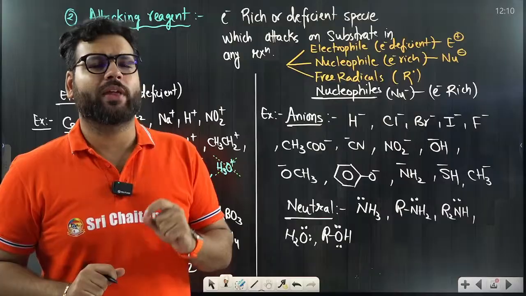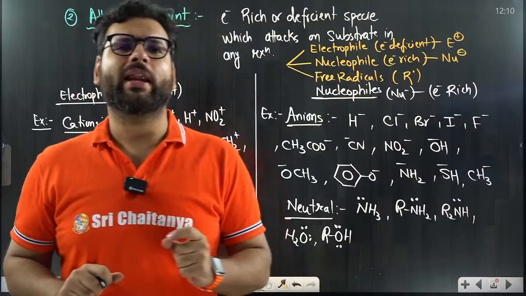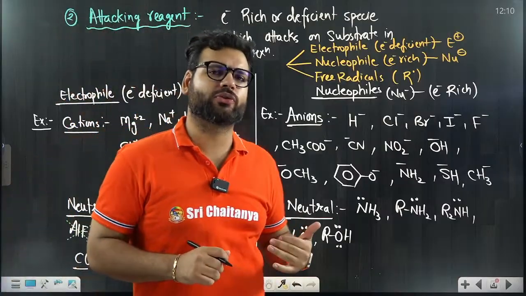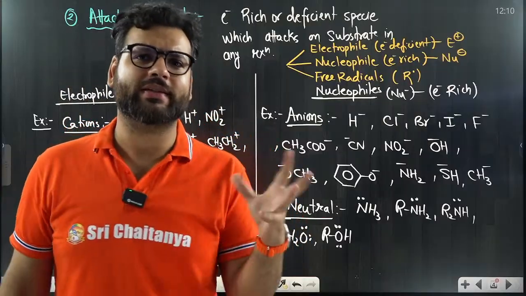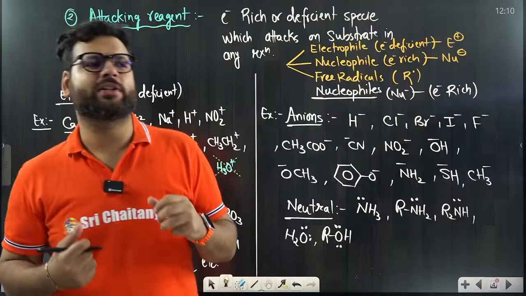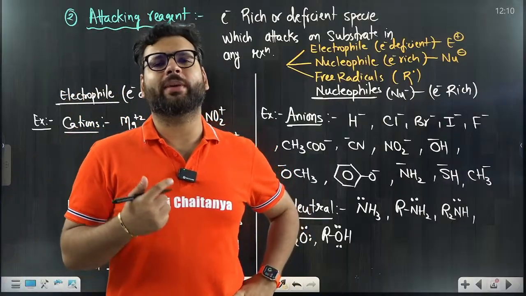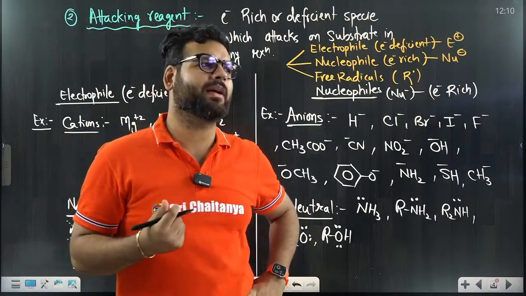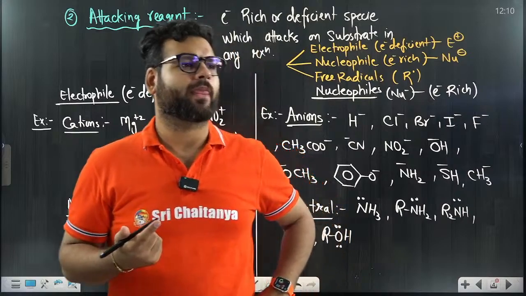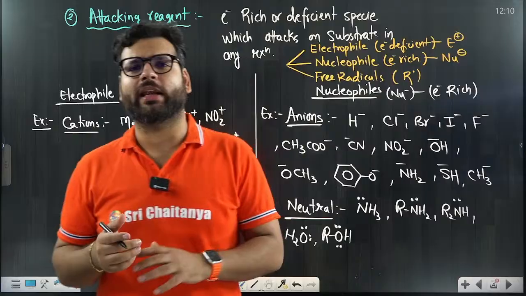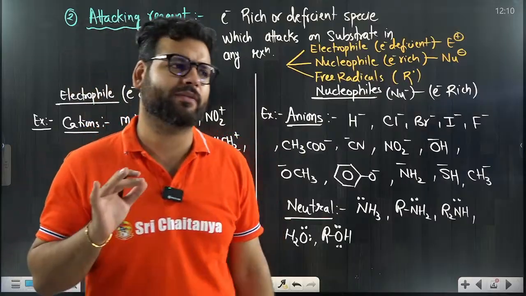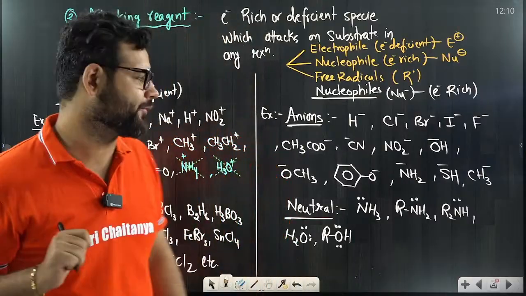Now, there are a few species which can act as nucleophile also, electrophile also. Means they carry an electron rich center also, electron deficient center also. We call them ambiphiles. Ambi means dual character. So ambiphiles are those which can act as both nucleophiles as well as electrophiles. 2-3 examples we learn for them.